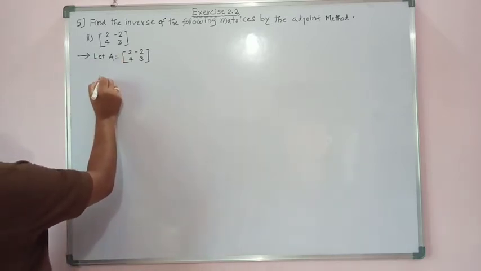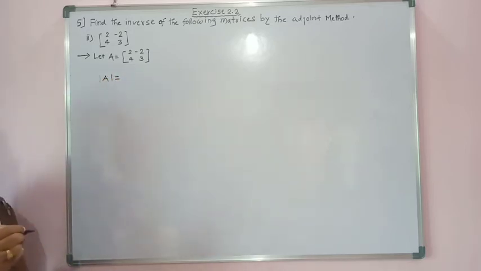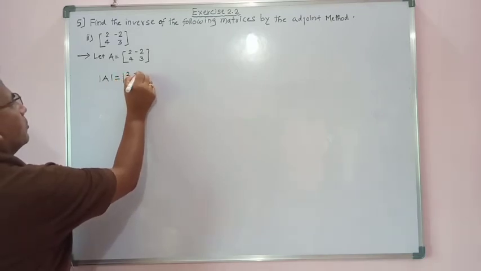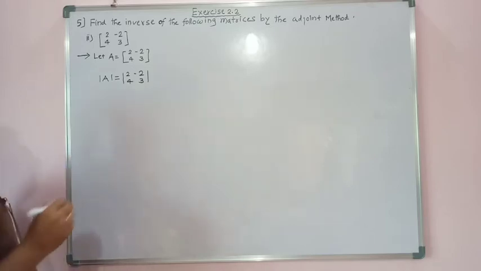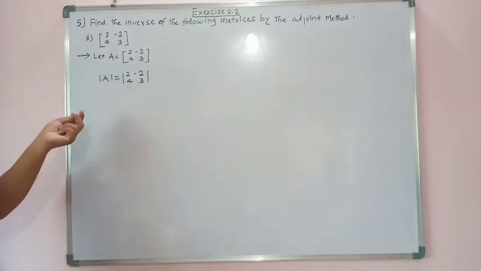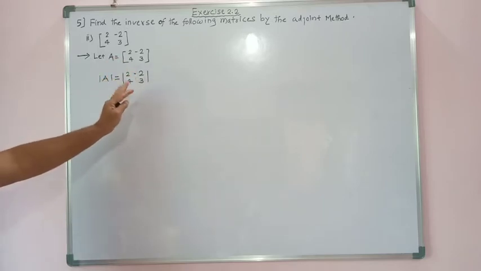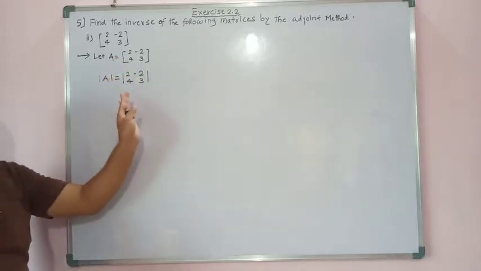We first take the determinant of A. Determinant A equals the determinant of [2, -2; 4, 3]. This has 2 rows and 2 columns. It is a square matrix, the number of rows is equal to the number of columns.